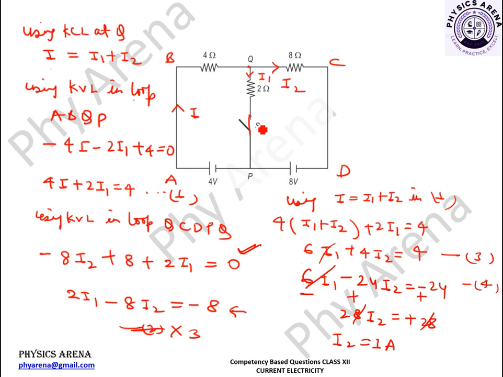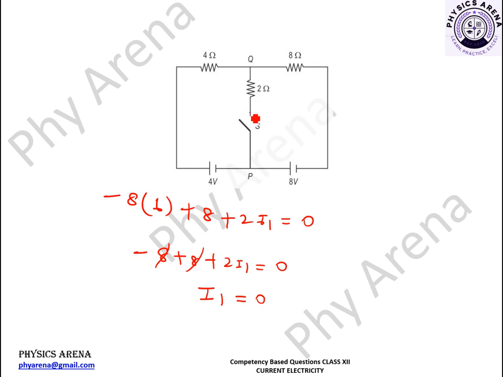So when I1 is 0, it means that in the 2 ohm resistor, no current is flowing. Even if we close the switch, I1 is equal to 0. That's what we have obtained. And I is now equal to I2. I2 was 1 ampere, so I will also become 1 ampere.